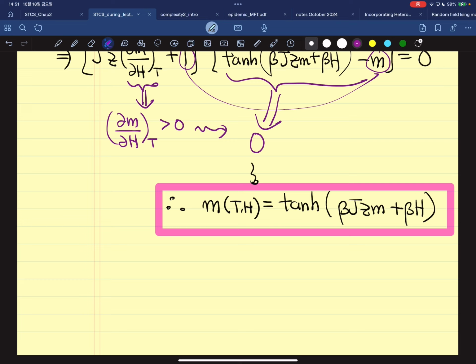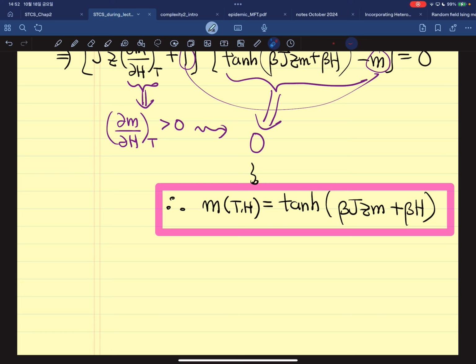Again, here this recursion or self-consistency relation still exists, because if you look at this formula, you may think that we solved everything. For given temperature and H, we already know the solution.